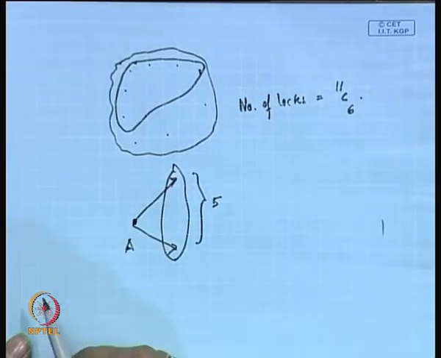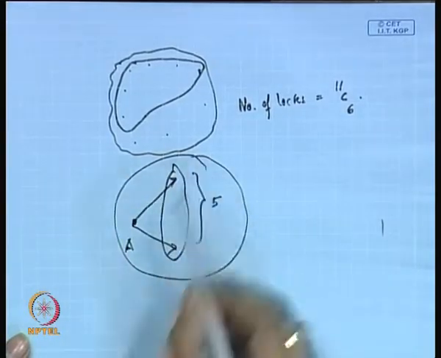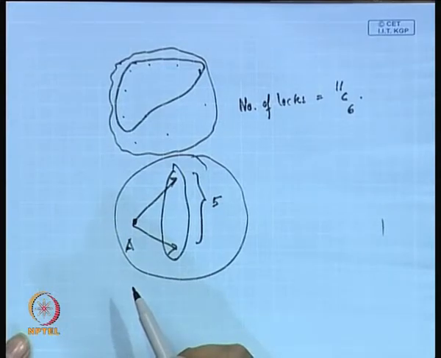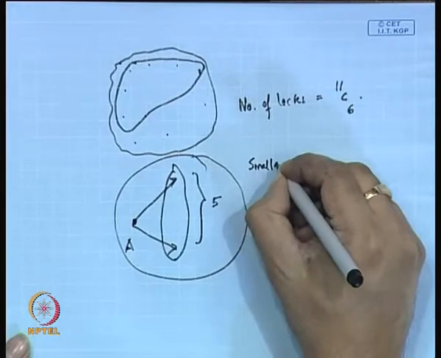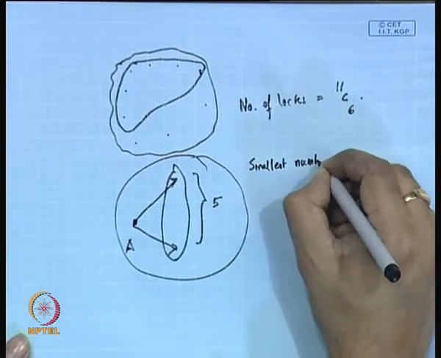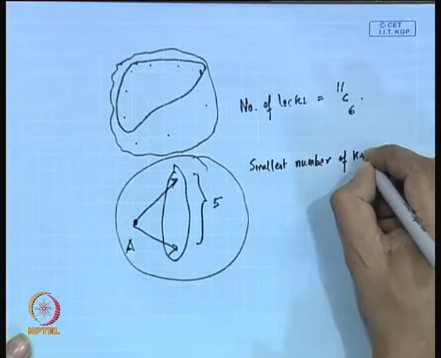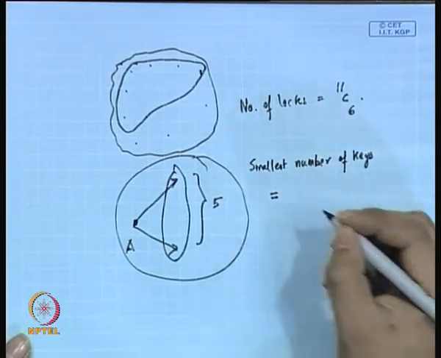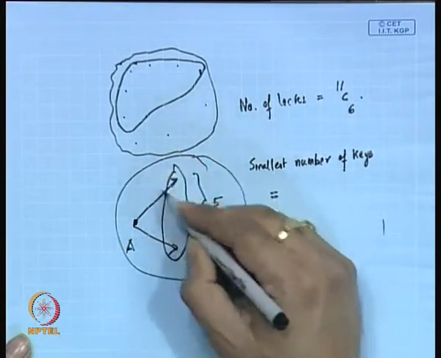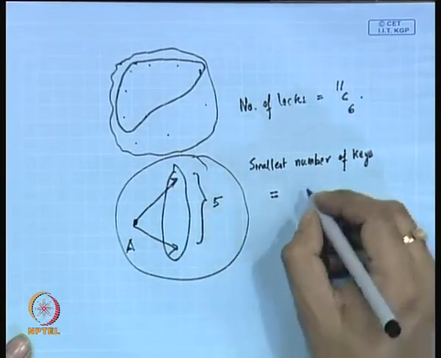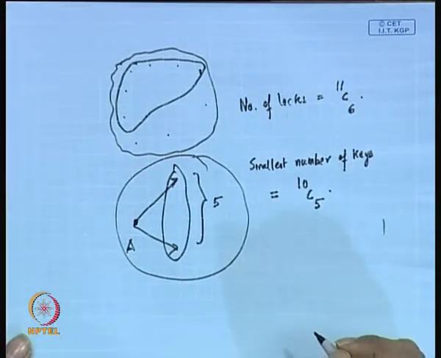If you leave out scientist A, there are 10 other people. The smallest number of keys, though you can keep a larger number, is found by the number of ways you can choose these 5 people from the remaining 10 people. That is 10 choose 5.